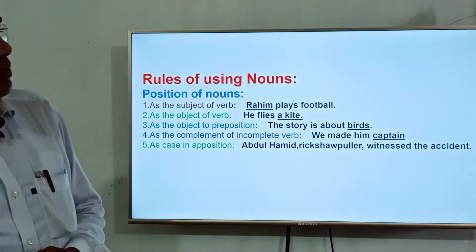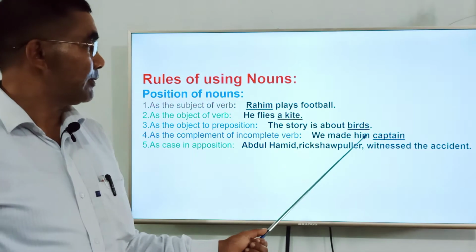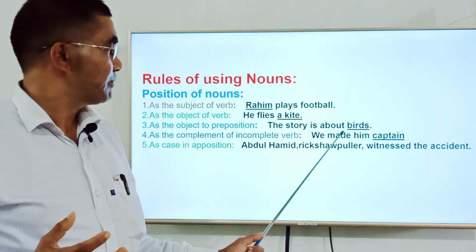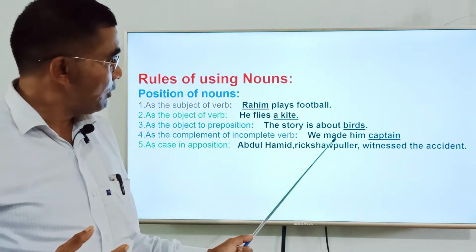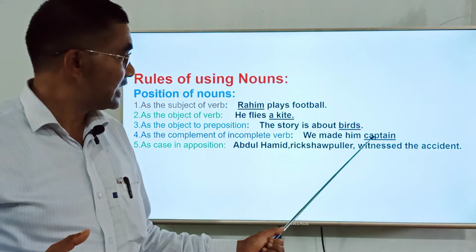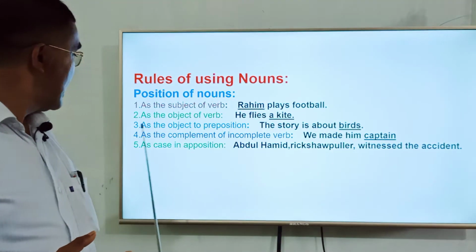Again, we made him captain. Here, captain is the object complement. If we just say we made him, this will be an incomplete idea. But if we say we made him captain, this will be a complete one. So captain is clarifying the meaning of the object word him. So, this is the object complement.